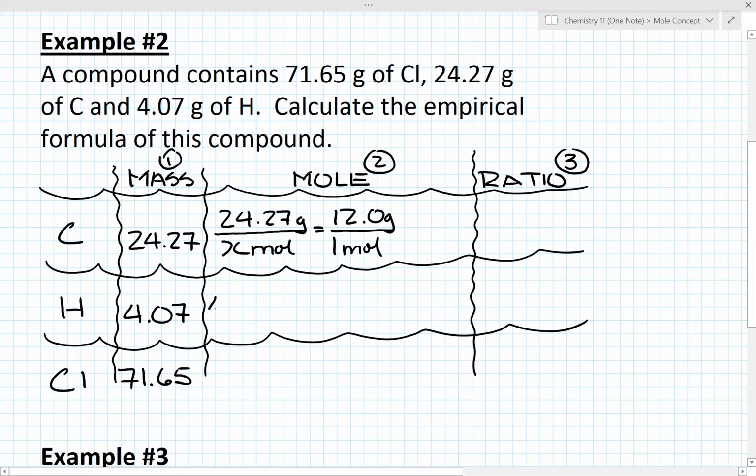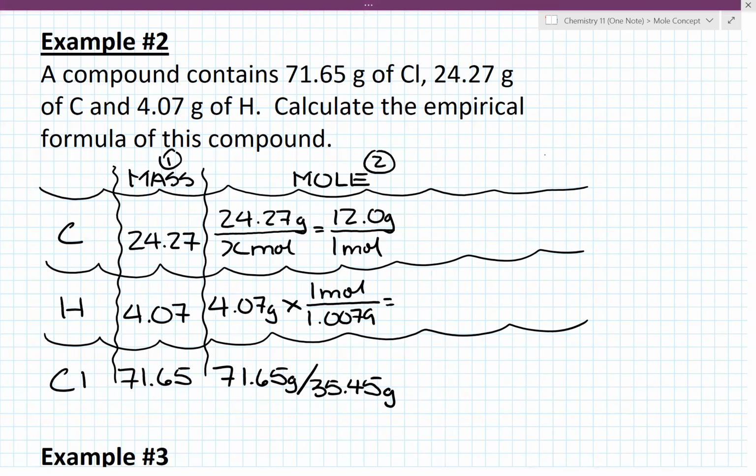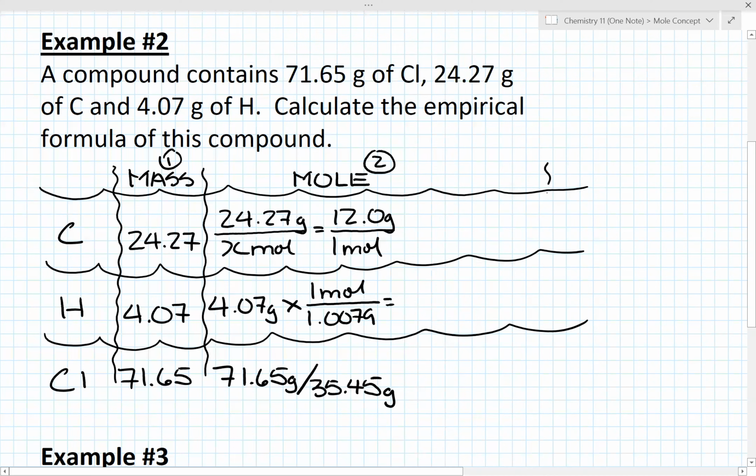Some of you might go 4.07 grams times 1 mole all over 1.0079. And some of you might just go 71.65 grams divided by 35.45 grams. I'm just going to modify the line here because I might need a little more space.